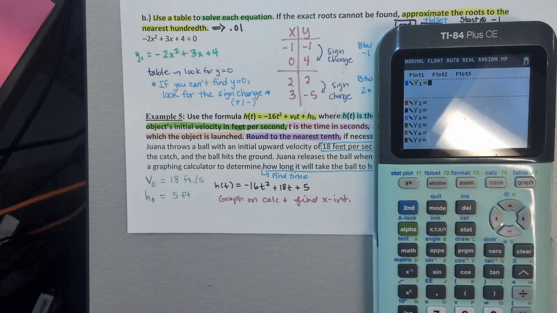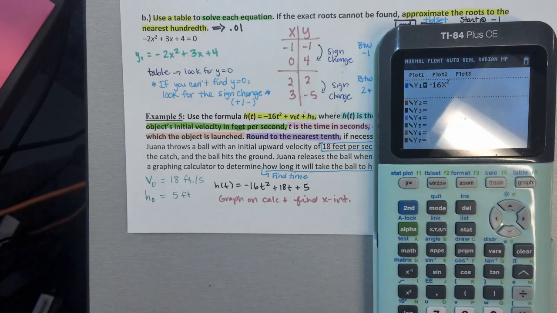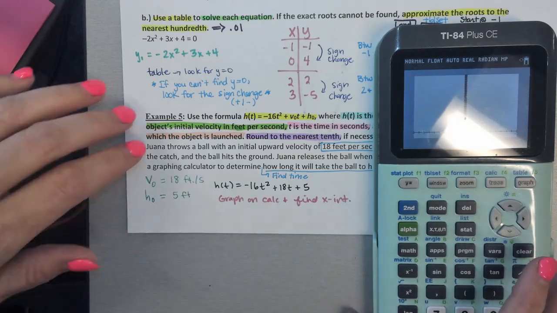You can clear that out. Even though the input here is t, we are still just going to use our variable key, this x. So negative 16x squared plus 18x plus 5.